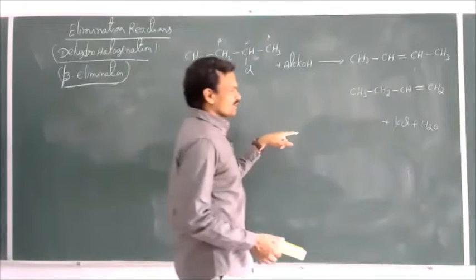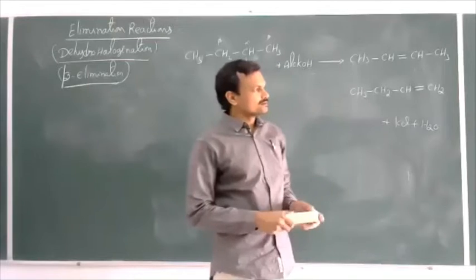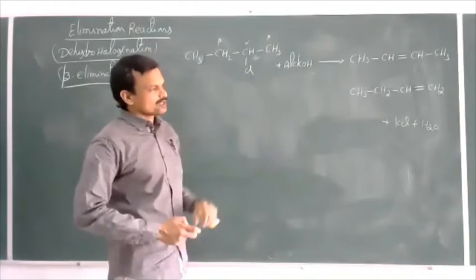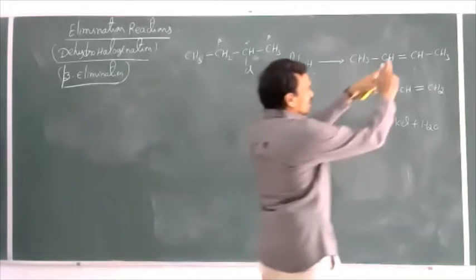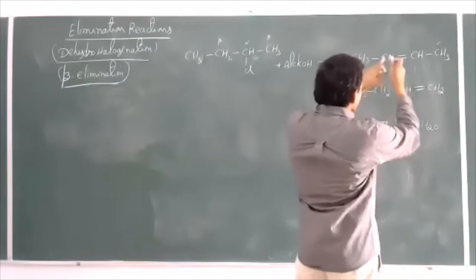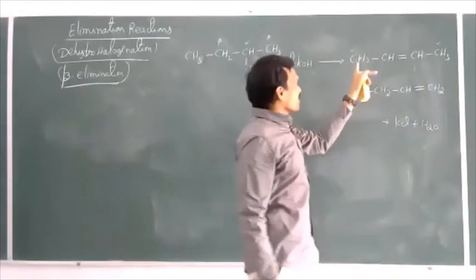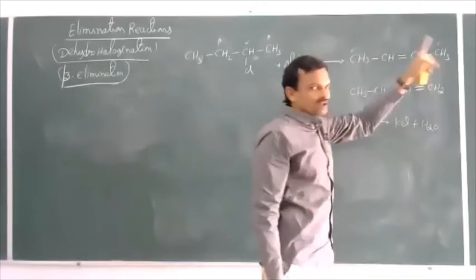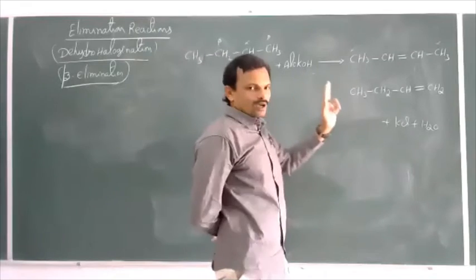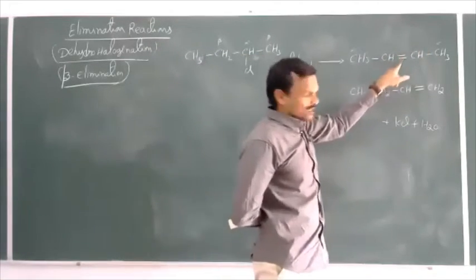The alkene which has more hyperconjugated structures is more stable. How to find the number of hyperconjugated structures? Simply, the double-bonded carbon atom is called the alpha carbon. Here also the double-bonded carbon is the alpha carbon. And the hydrogens attached to these carbons are called alpha hydrogens.